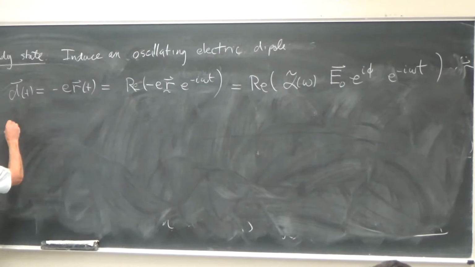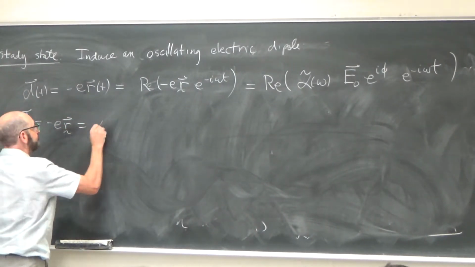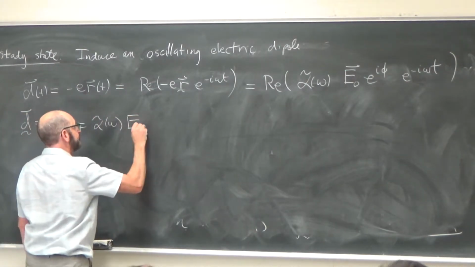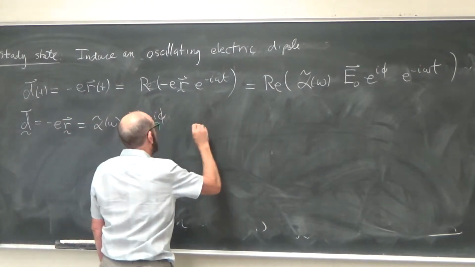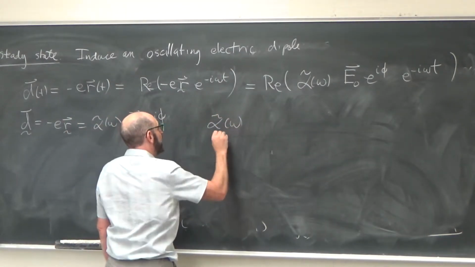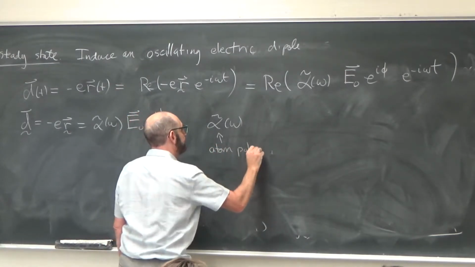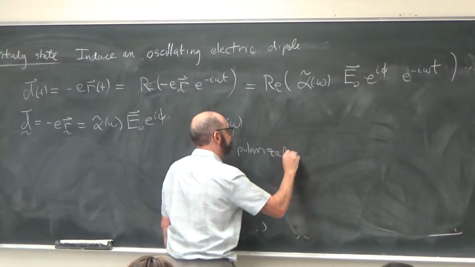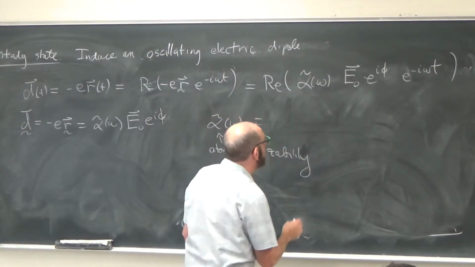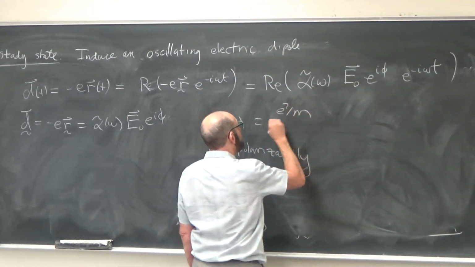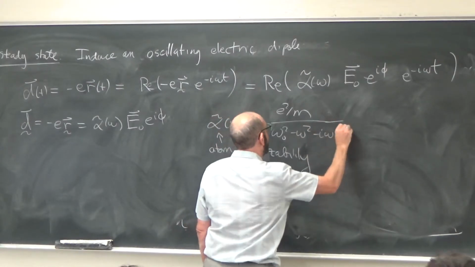So my complex dipole moment, where this is the atomic polarizability, is just given by minus e times that number. So it's e squared over m, omega 0 squared minus omega squared minus i omega gamma.